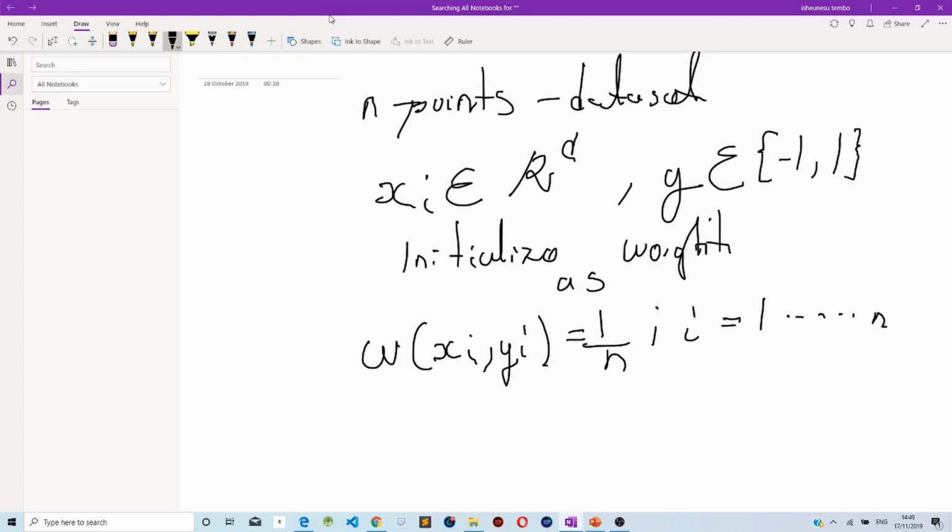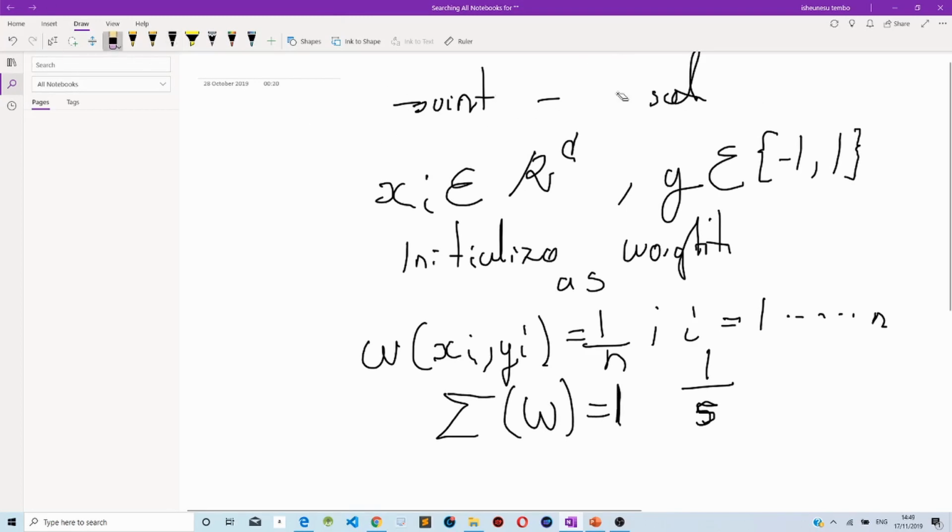In this case, let's say we have 5 data points, then the weight for each data point is 1 over 5. The total sum of these weights should always add up to 1, no matter what.